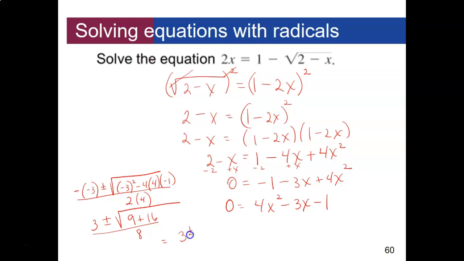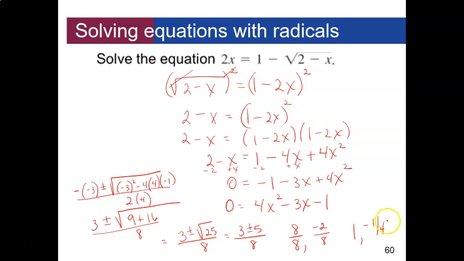So 3 plus or minus the square root of 25 over 8, which is 3 plus or minus 5 over 8. When we break this into its two solutions, 3 plus 5 would be 8 over 8, and then 3 minus 5 would be negative 2 over 8. So those are reduced to 1 and negative 1/4.